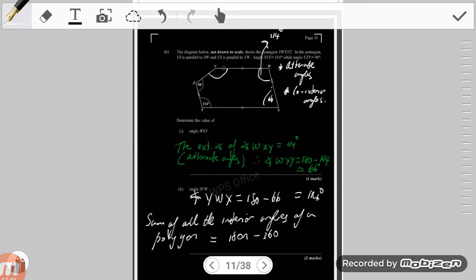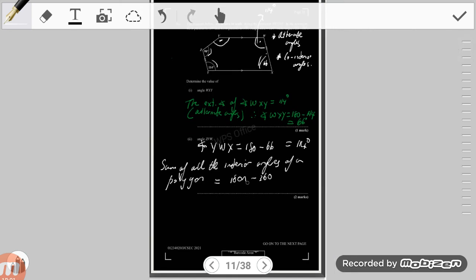So when I take these angles, 98, 114 and 66, and when I add them together, I should be able to get the sum of all the angles in a pentagon. Now the n in the formula represents the number of sides of the polygon, and in this case we're dealing with a pentagon, so that's 5 sides.